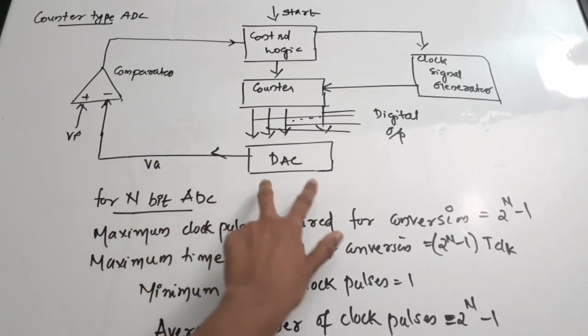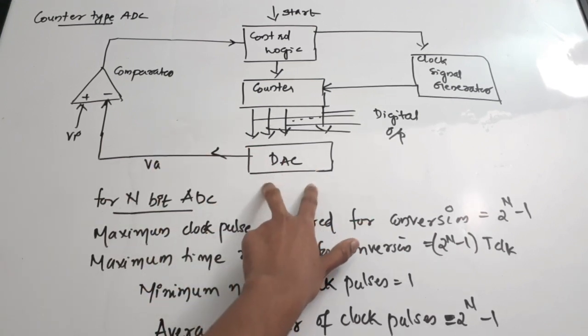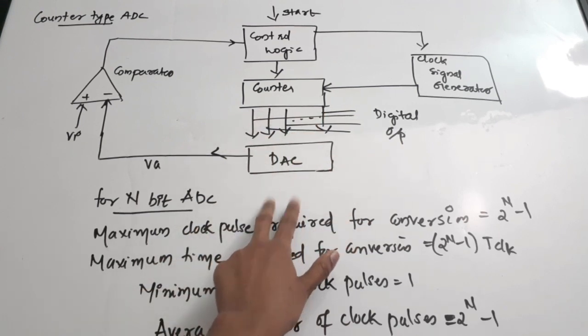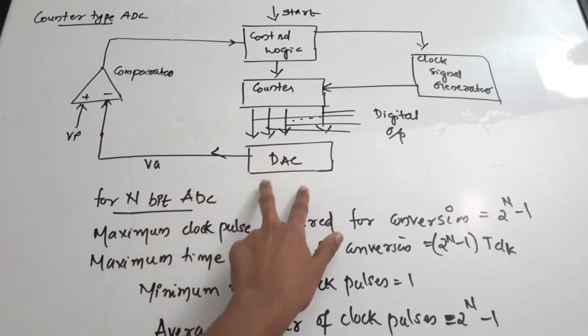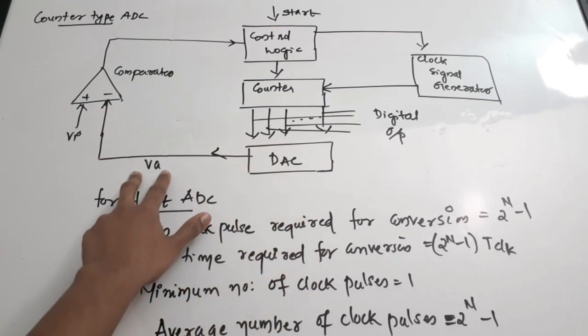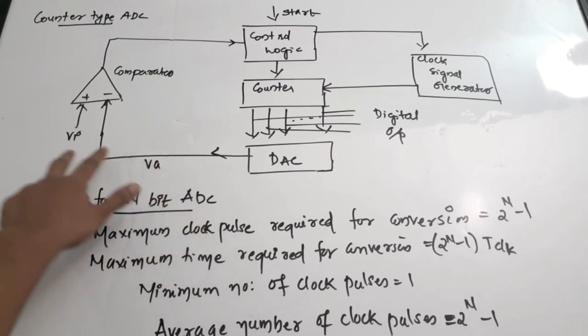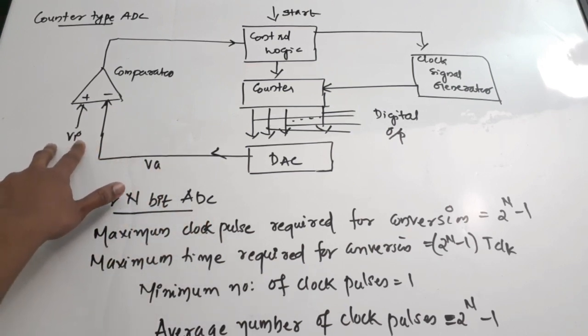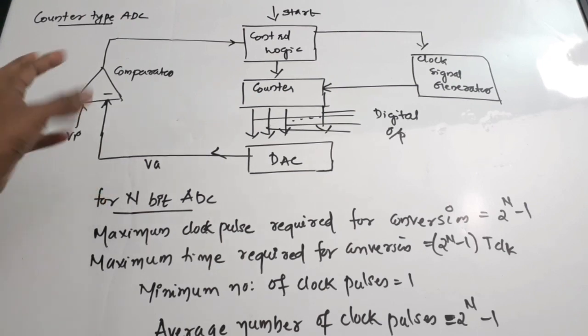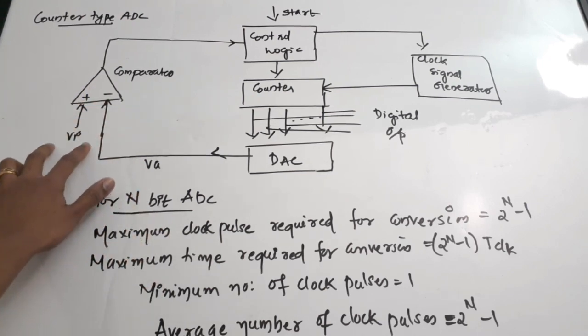The counter output is a digital version. In order to convert that to analog, we use a digital to analog converter, or DAC, and this voltage Va will be compared with the given input voltage Vi, for which we want to produce a digital output.